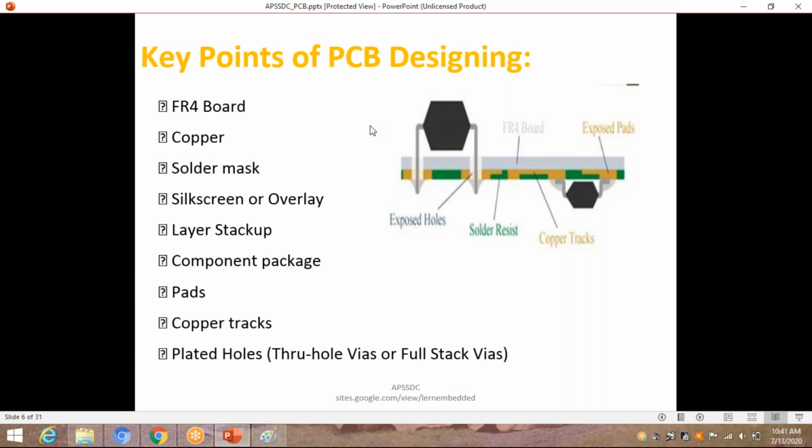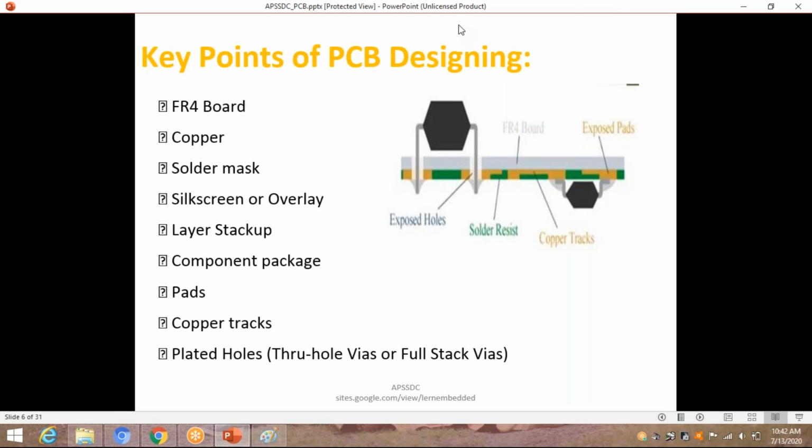The PCB boards are designed with fiberglass woven cloth material. FR4 is the material. In that material, we use fiberglass plus epoxy plus woven cloth material.